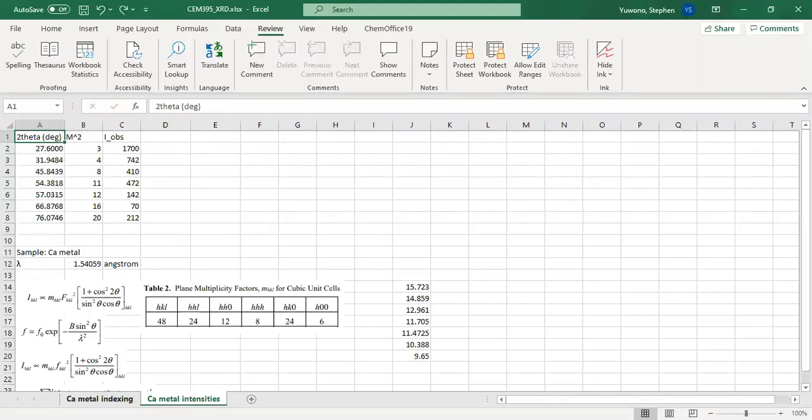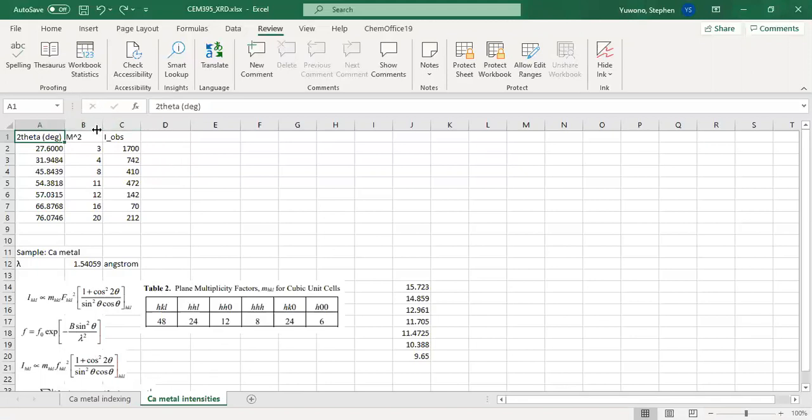You can also merge them together, but make separate spreadsheets for different samples, for each of the metals and also for your binary salt calculations. That will make it easier for you to keep track, and it will make it easier for the TAs and other people to read your spreadsheet and understand what's going on.